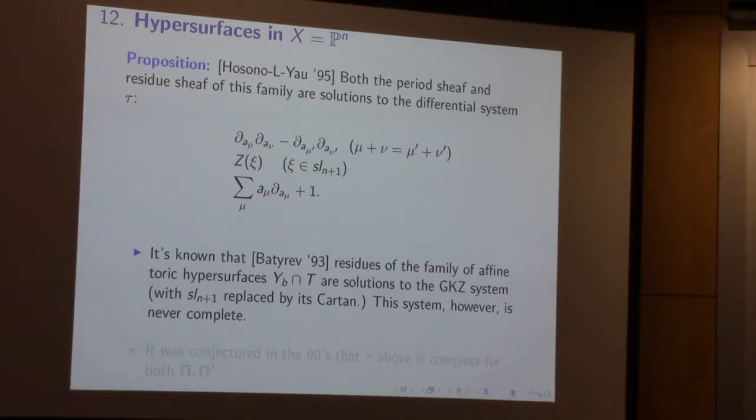Okay, so coming back to this completeness question. One thing I want to draw your attention to is these binomial operators. On the one hand, it's GKZ type because it's binomial and homogeneous. But the more important observation is that these relations are very similar to what you would have if you try to embed a projective space into a higher dimensional projective space via the Segre embedding or the Veronese embedding.